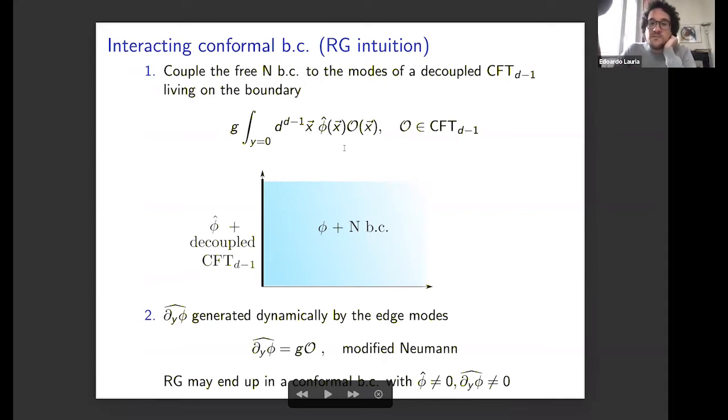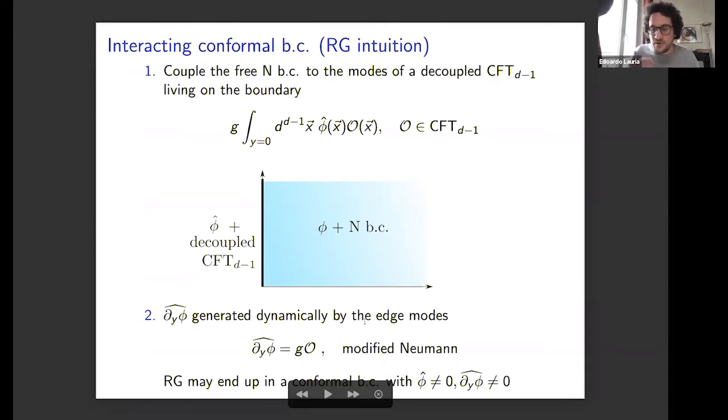Well, initially, you started with Neumann boundary conditions, which means that the normal derivative of phi was 0 at the boundary. But now, if you impose stationarity of the action, again, because of the interaction with the edge modes, the normal derivative of phi is not 0 anymore, it is equal to g times O. So of course, when g is equal to 0, you recover the Neumann boundary condition, but otherwise, this mode is generated dynamically.